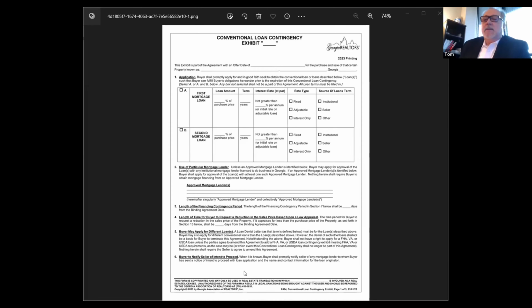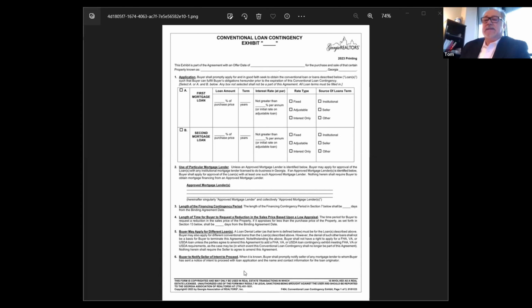But the closing attorney said that could be a definite reason for the buyer to lose their earnest money if the notice of intent to proceed was never sent. Okay, so this is an additional step that you're going to have to make part of your process when you're representing a buyer.